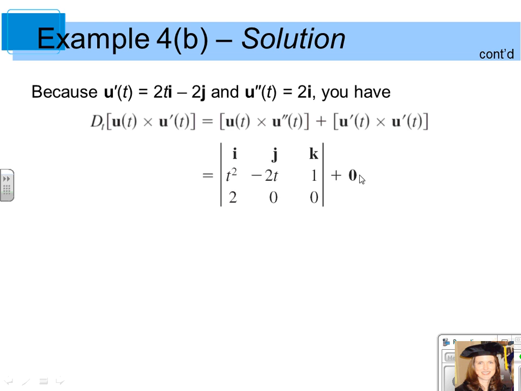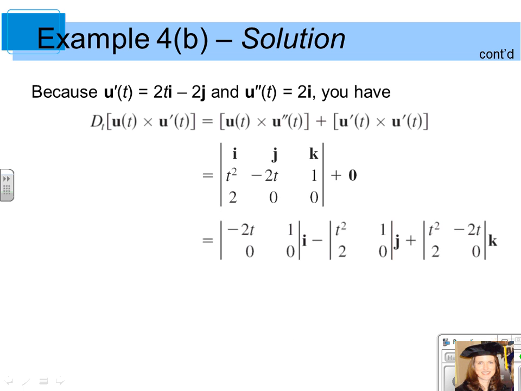We can set this up as a vector valued function in the form of a matrix where we have the original u as t squared, minus 2t, 1, and u double prime being 0, 0, 0. Sorry, that's u double prime. For the first cross product, u with u double prime.